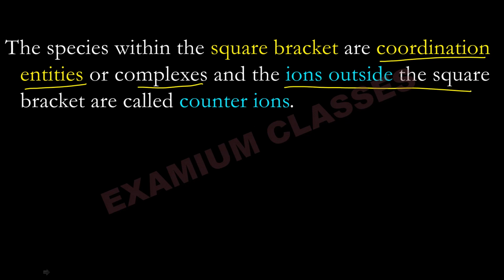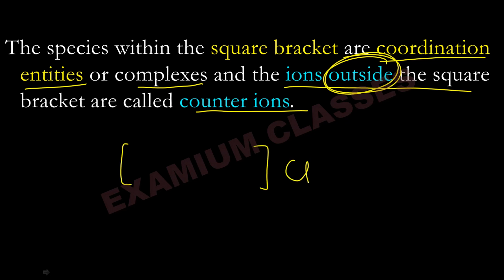The ions outside the square bracket are counter ions. So primary valence is related to what? Counter ions. You need to remember this term. Counter ions are those which are primary valence. The ions outside the square brackets, so you have square brackets, and outside is the counter ion.